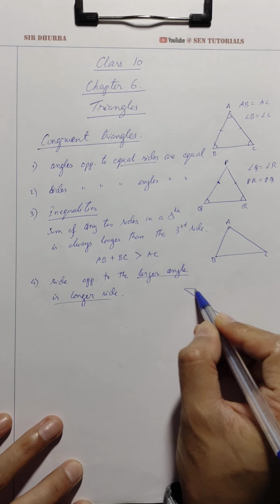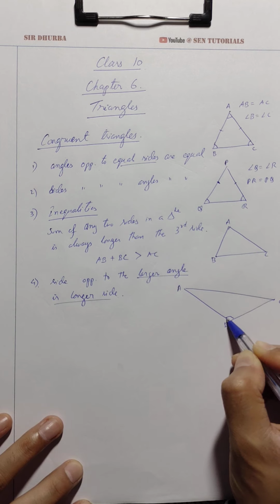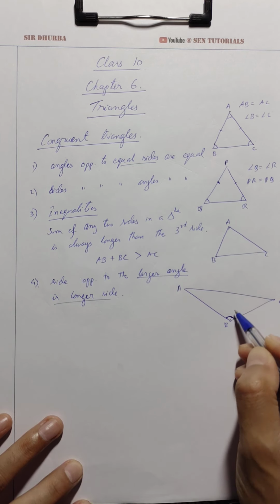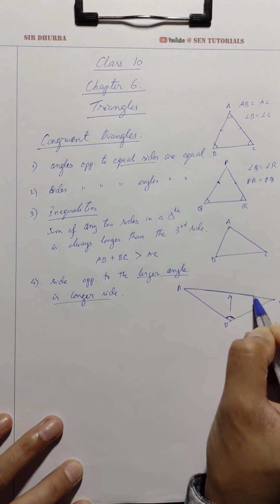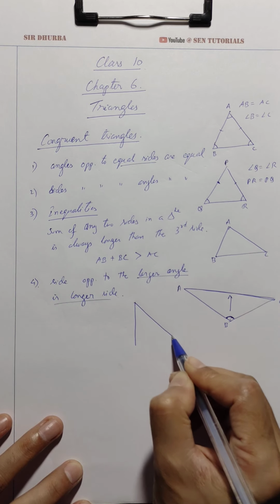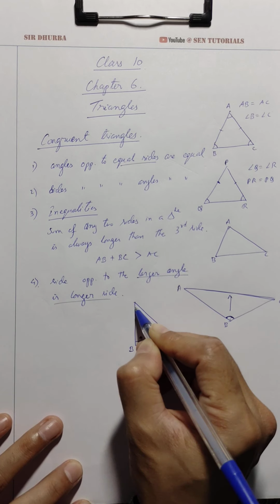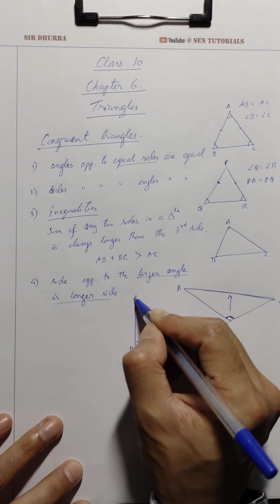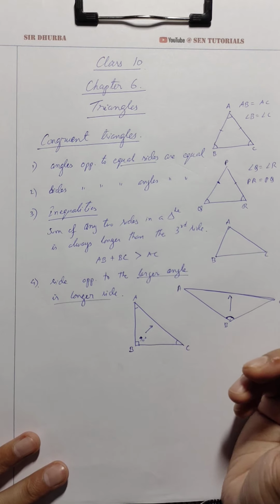So it's something like, maybe we have a triangle like this, and let's say if this is the biggest angle, then the side opposite to the biggest angle, AC, is the longest side. So that's why in a right angle triangle also we can automatically see that the right angle is the biggest angle, because it is 90 degrees. The other 2 angles will be complementary, so automatically the opposite side becomes the biggest side, or the longest side AC, which is also known as the hypotenuse.